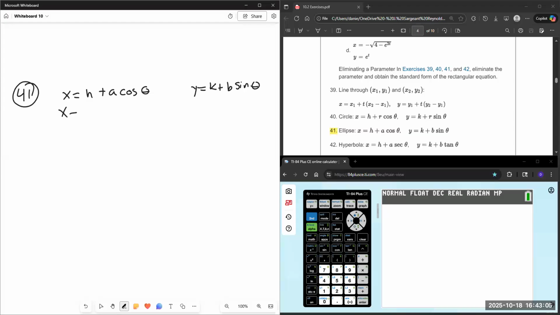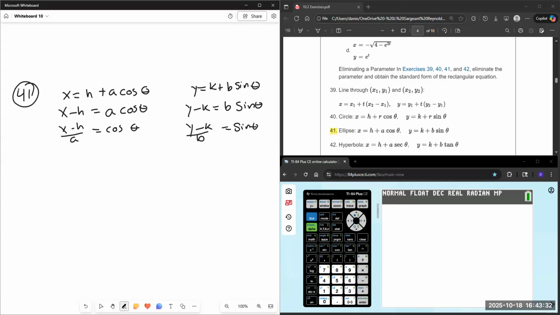So I'm going to solve for cosine of theta and sine of theta and use my Pythagorean identity to make a substitution. X minus h over a is equal to cosine of theta. Y minus k over b is equal to sine theta.